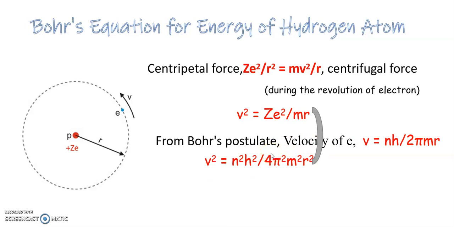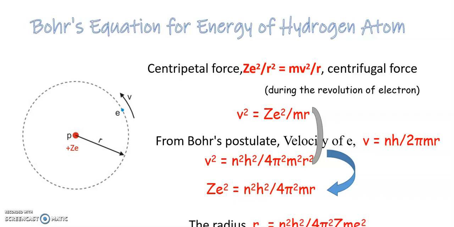From both of these equations, we can write Ze square by mr equal to n square h square by 4 pi square m square r square, which can be finalized as Ze square equal to n square h square by 4 pi square mr.